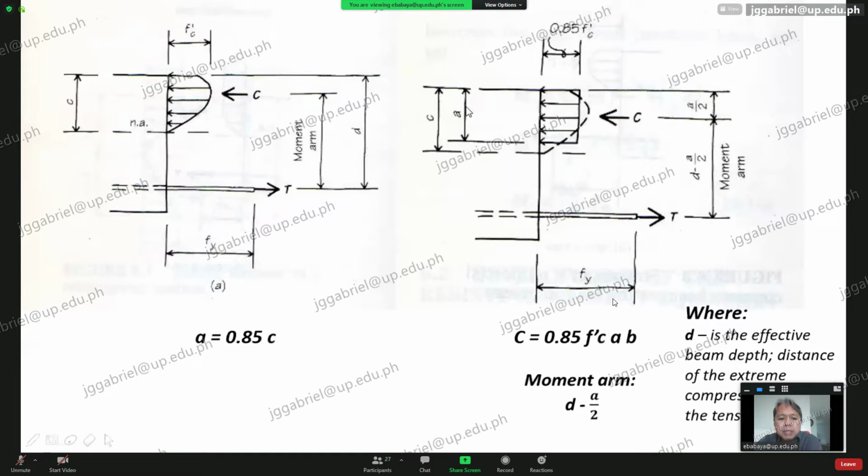Now, what would be that a? a is equal to 0.85 c. Okay, so at 0.85 c, that will be the value of your a.